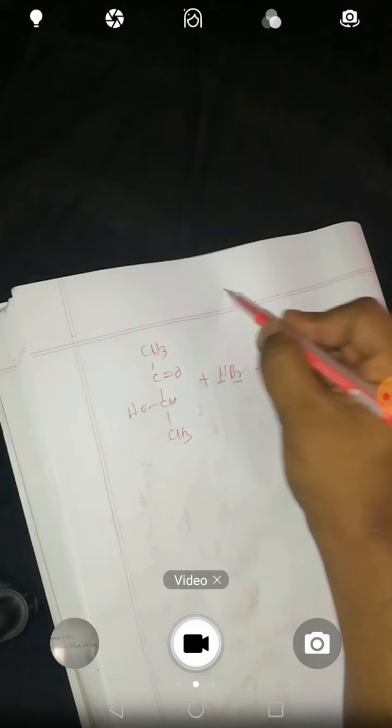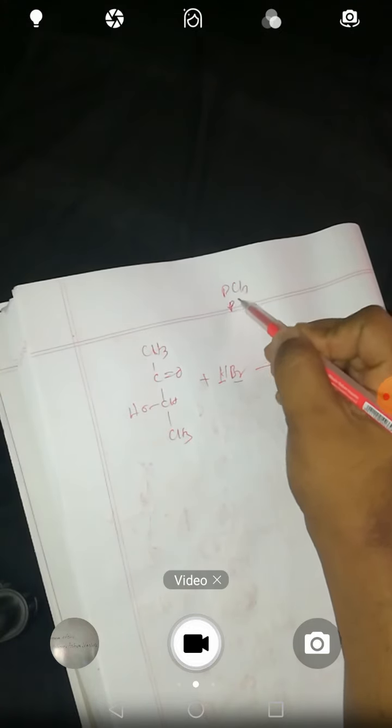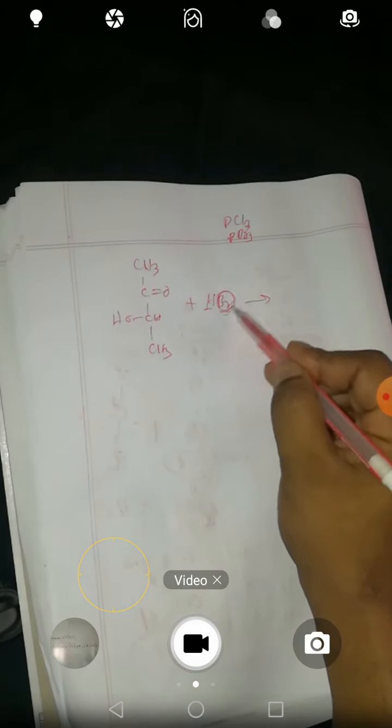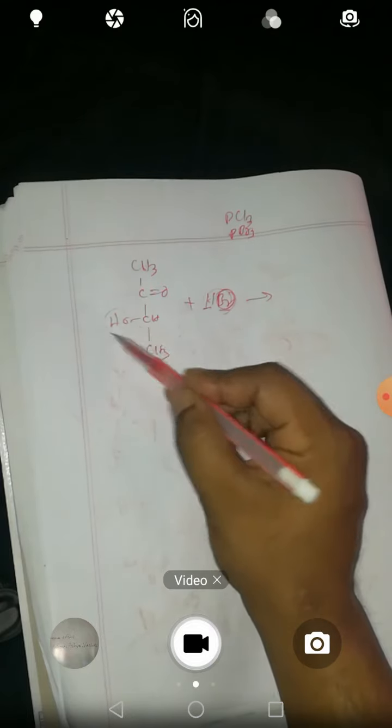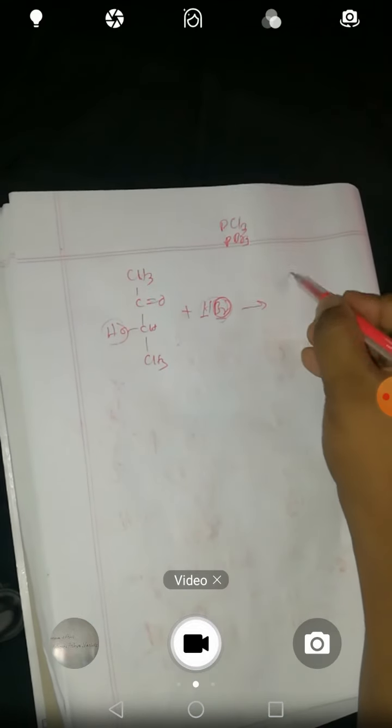The hydrogen halides or the phosphorus halides like PCl3, PBr3, PCl5, PBr5, anything, these are all very good substitutors of hydroxide ions. So here HBr will substitute the hydroxide and put bromine over here.